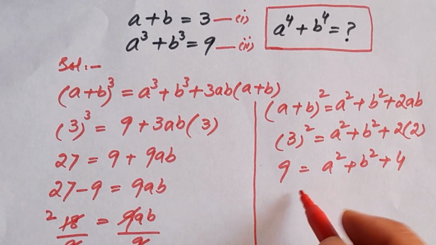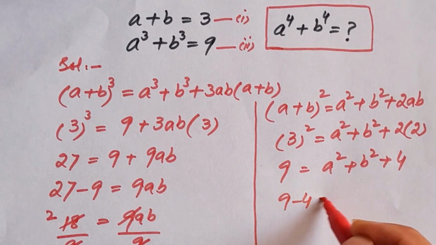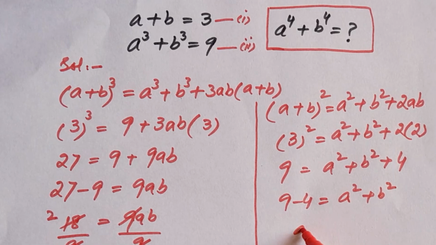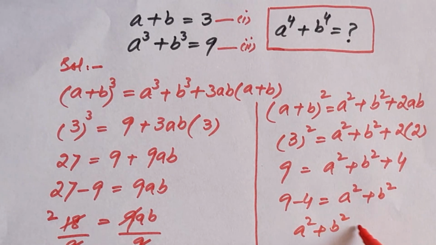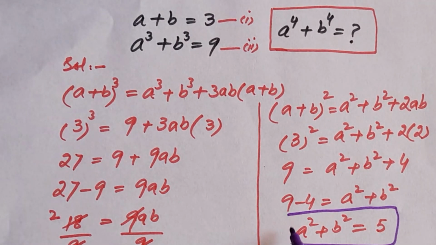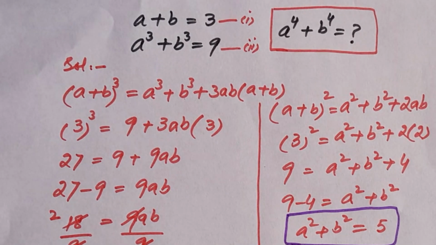If we take this 4 to the left hand side, it will become negative. If we subtract 9 and 4, we will get the value of a square plus b square, which is equal to 5. We are going to save this value as well and we will use it later on.